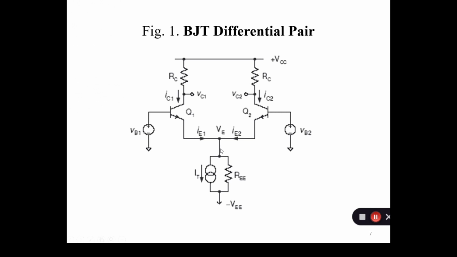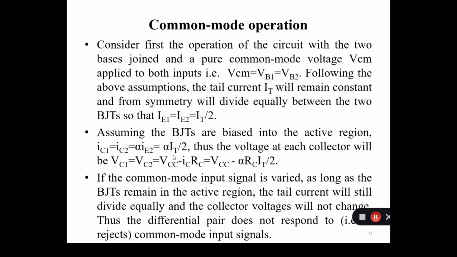So the current in this line is IT. This IT will be divided into two half sections, IE1 and IE2, meaning IT by 2, IT by 2. So that's why IE1 will be equal to IE2 equal to IT by 2, which is this one.